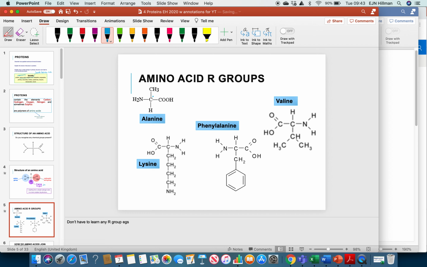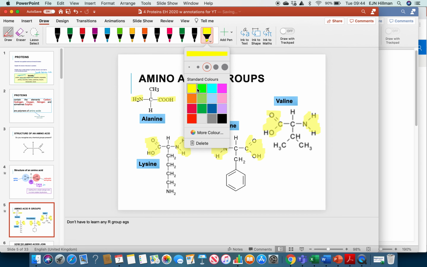What is important to remember is that in each of these diagrams, it's possible to see the amine group and the carboxylic acid group. It's also possible to see that the R groups have changed in each of those.